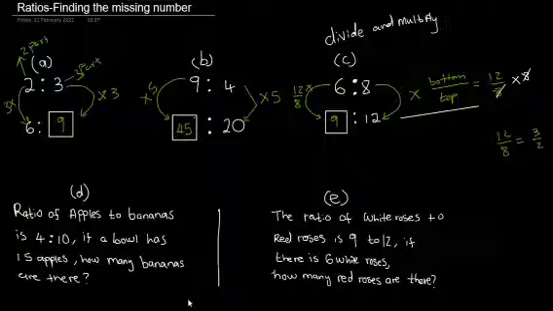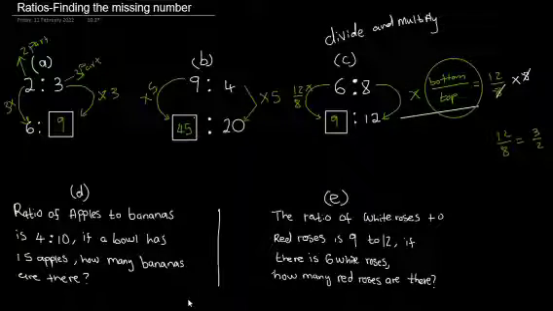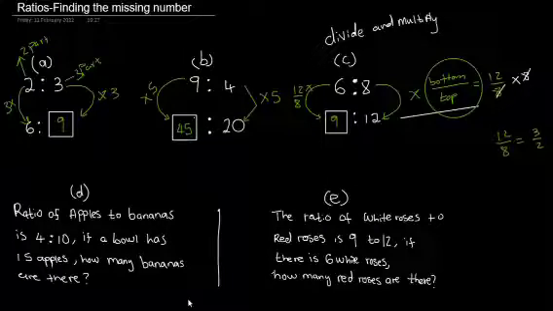So it's not always perfect numbers that you're going to get where you can multiply by or divide by. So the best thing is to always use the multiply and divide method. Take the bottom number, divide it by the top number, and multiply it on the other side. You will get the answer.